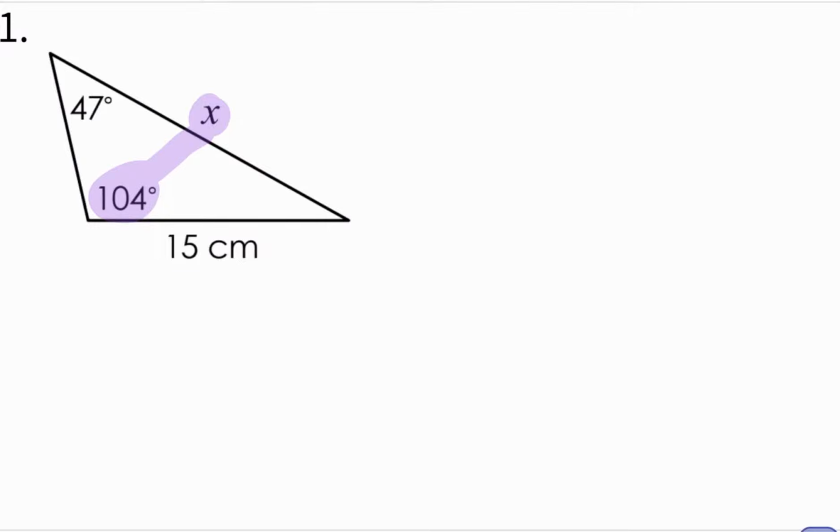So we're going to set this up as sine of 104 degrees over x equals, well, now it needs to equal something where you know both. You know the angle and you know the side. So luckily for us, that's the other two that we have there.